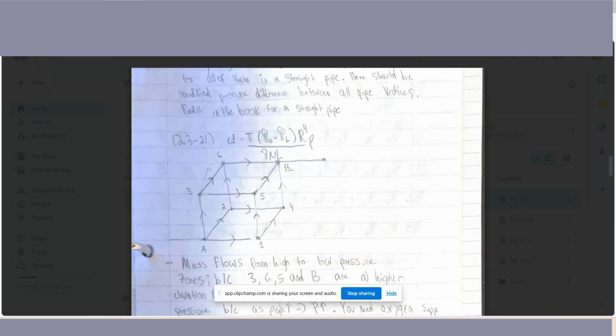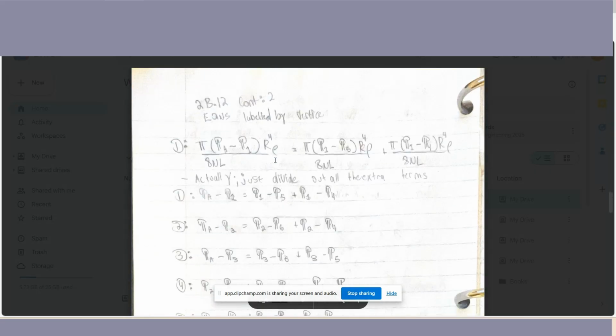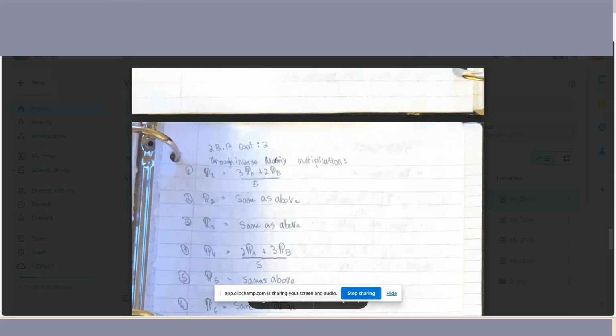So we can say that the flow rate out of the point B here equals W, and that flow rate equals the flow rate of 5 to B plus 4 to B plus 6 to B. So yeah, that's kind of what we do.